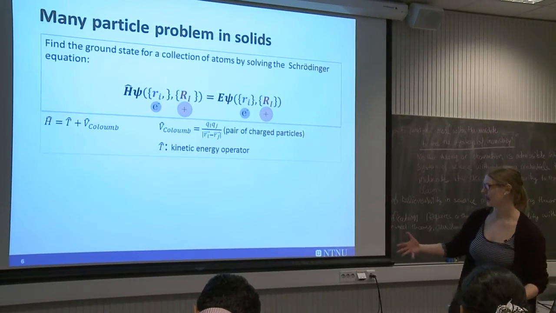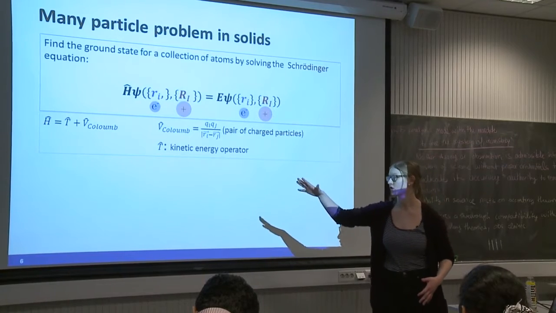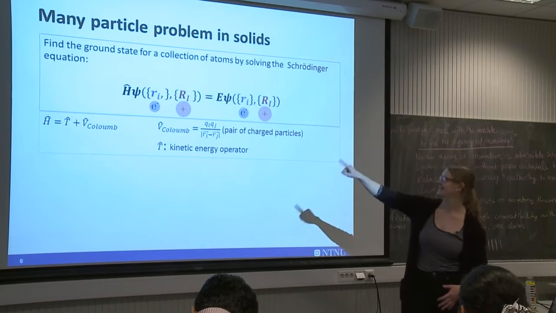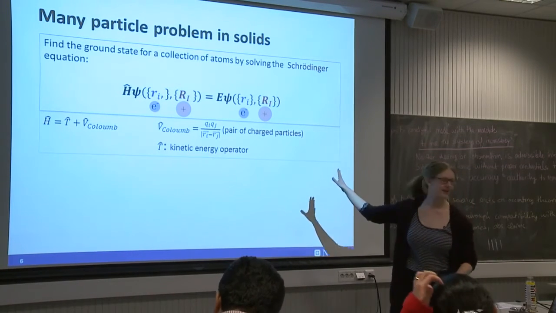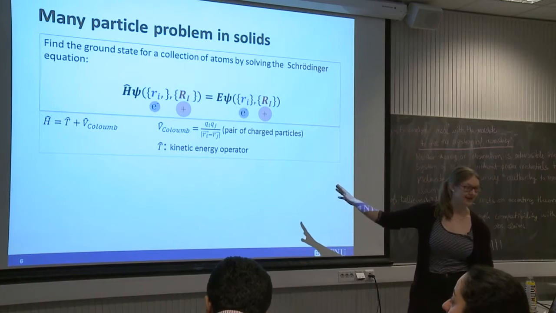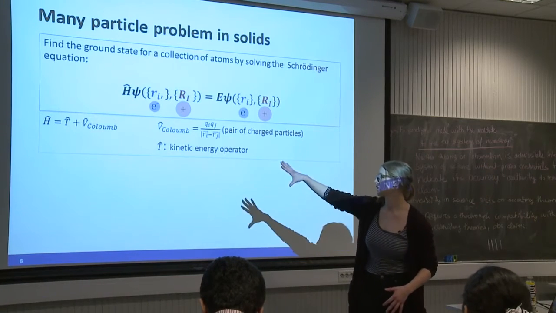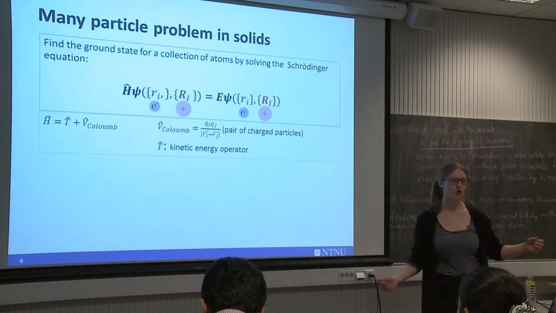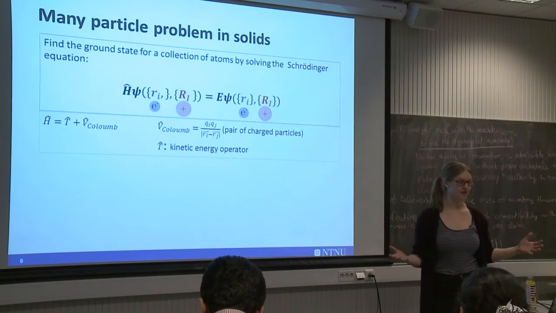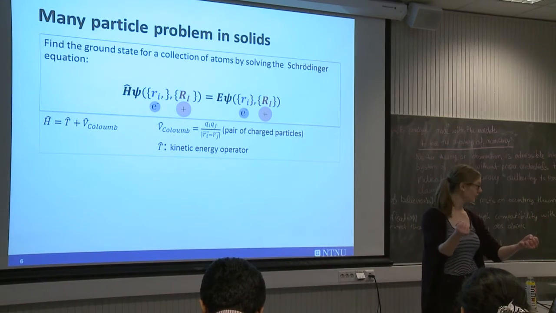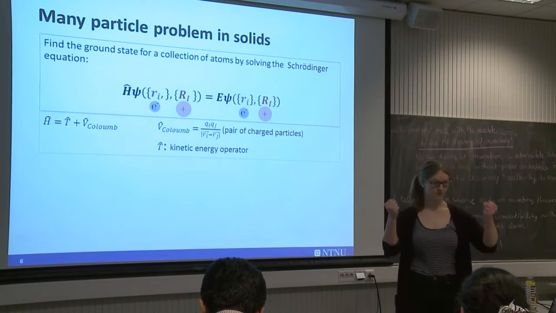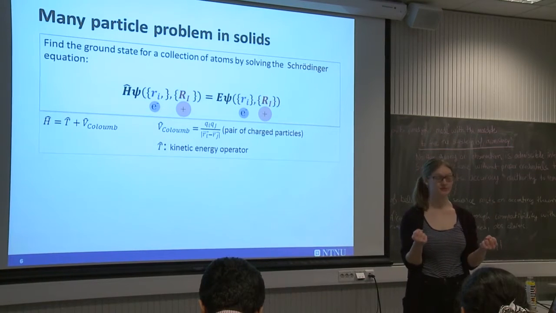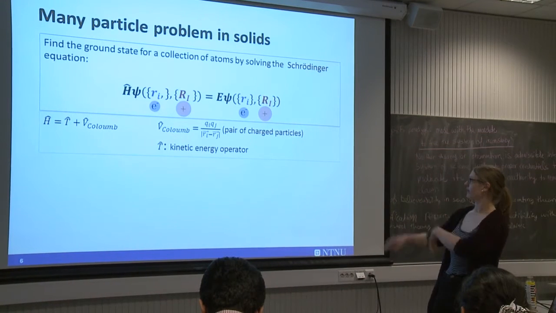So again, it's just an operator. You can divide it into energy terms. The T operator takes care of the kinetic energy. And then you have the Coulomb potential operator, which includes all Coulomb interactions. Between two charges, you always have Coulomb interactions, right?